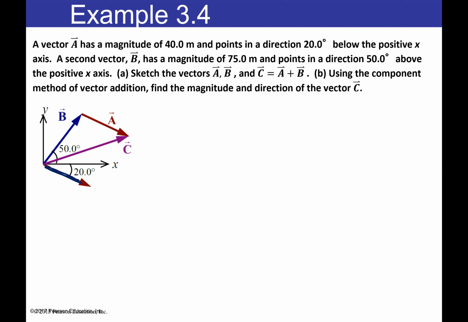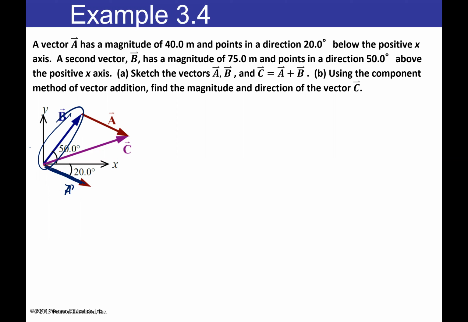This is that vector A, our original vector A. It has a magnitude of 40 meters and points in a direction of 20 degrees below the positive x-axis. So that's right, 20 degrees below the positive x-axis. A second vector, B, has a magnitude of 75 meters and points in a direction of 50 degrees above the positive x-axis, which is this guy over here.